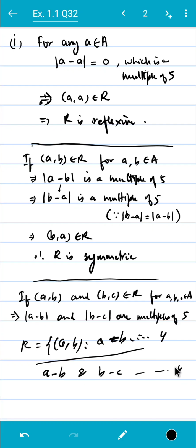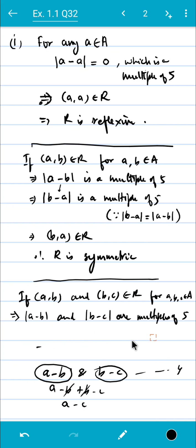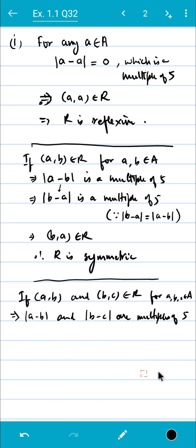To get a minus c, we added a minus b and b minus c, because then the b goes away and you have a minus c. But here we cannot use that directly because we have the absolute value, the modulus. So a minus b plus b minus c may not be a minus c. We don't know that yet.